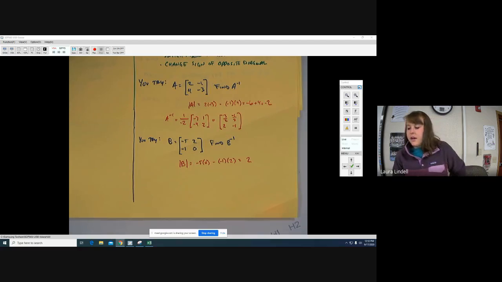You're on the right track if you found the determinant of the matrix is 2. Because remember, we multiply the diagonals and then subtract.